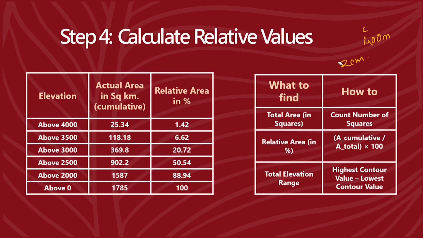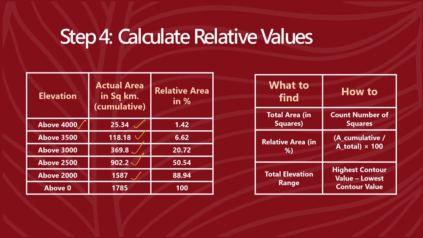So, once we calculate the area based on the number of squares, we will have a table that looks somewhat like this. So, this is a sample data that I have prepared earlier. Here the elevation values range from 0 to 4000. In this scenario, 4000 being my highest contour value, I have the least area that falls above it, which is 25.34 square kilometers.